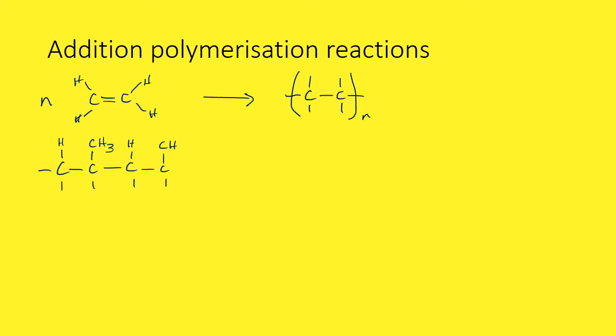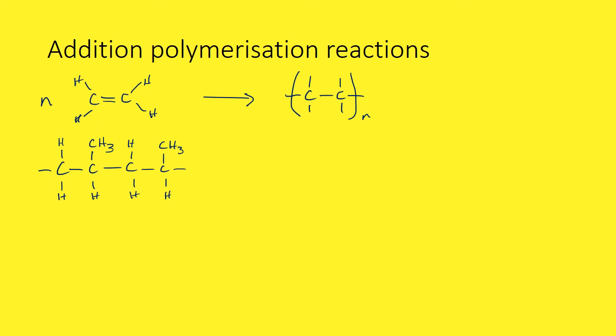Just one methyl group, so all of these are hydrogens. Okay, so that's our polymer, and they're going to give you a section of a polymer like that, and they might ask you to have a look and see what the repeating unit is.